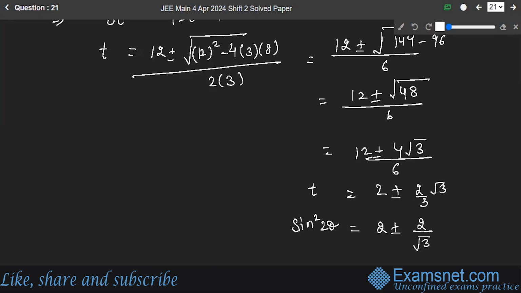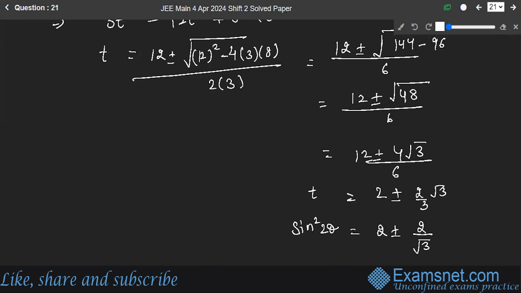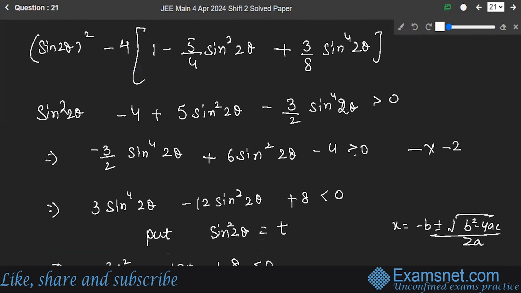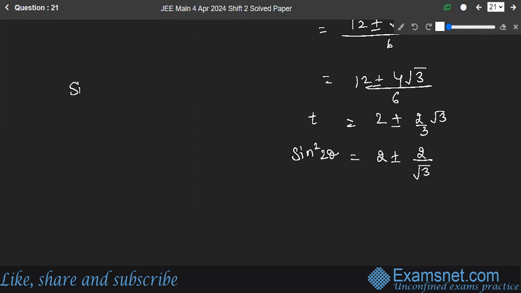Okay. So now this is the value, but you are also given in the question that alpha and beta are this. Okay. You know one thing that sine values lie between -1 and 1, right? Sin θ lies between -1 and 1, right? So if I take the square of it, it will lie between 0 and 1.